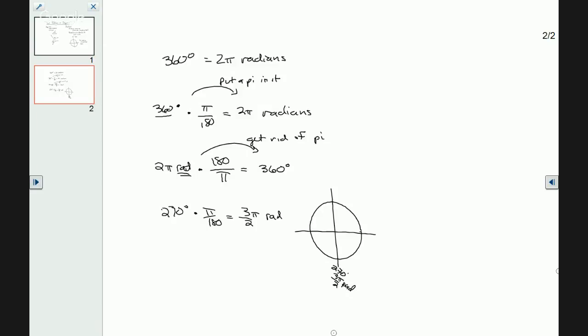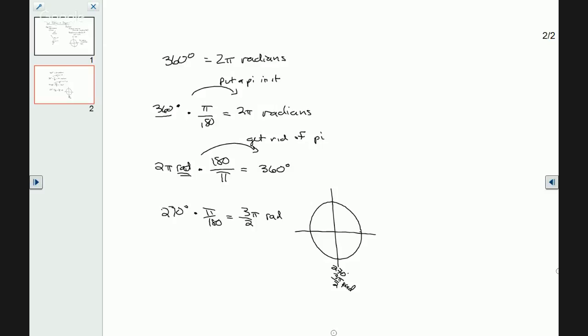So having both of those in your brain, and hopefully by the end of the year, you're going to be able to just remember radians without even worrying about the degrees. It's like learning a new language. Okay. The first thing you do in Spanish class is learn the comparison of the English to the Spanish, but eventually you can just think in Spanish, right? So that's kind of what our goal is here, to get thinking just in terms of radians.